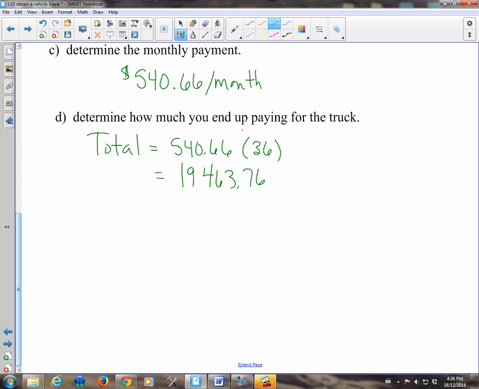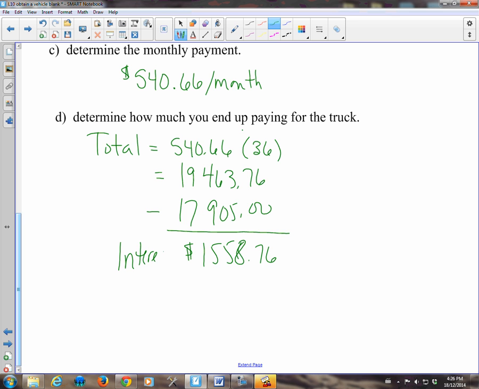So the amount that we financed was $17,905. If I subtract those two amounts, I'm going to see that I pay $1,558 in interest, a lot less interest.